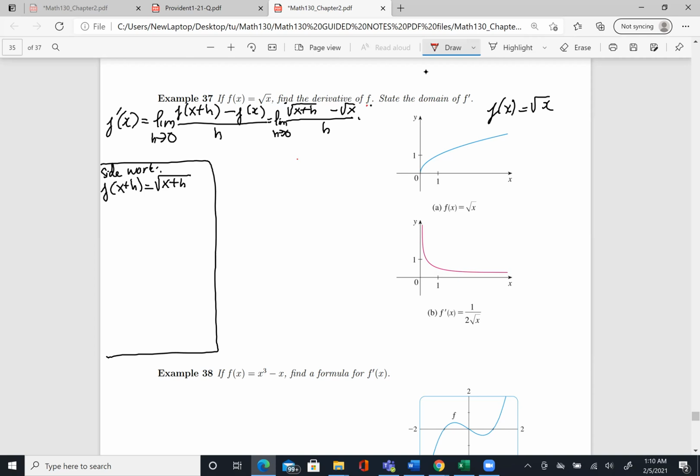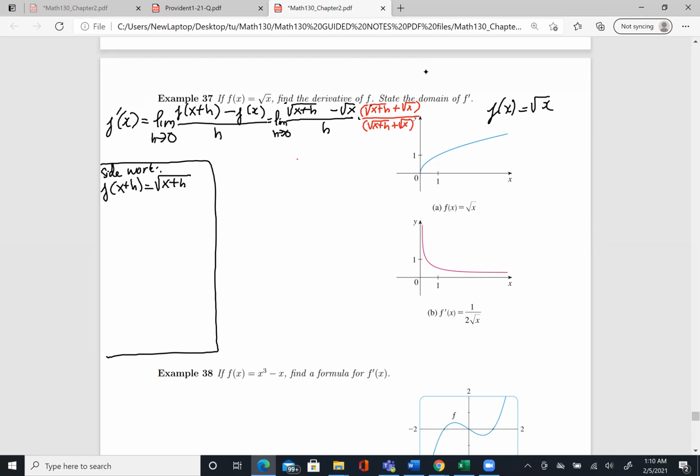So you need to multiply by square root of x plus h plus square root of x for the top, and you're also going to do the same at the bottom, h times square root of x.